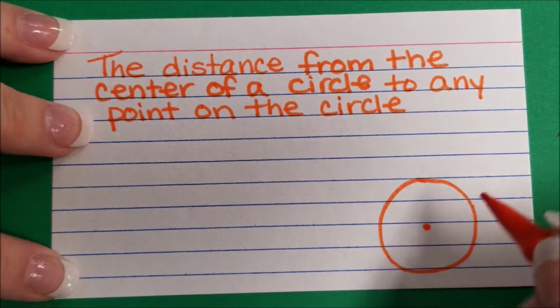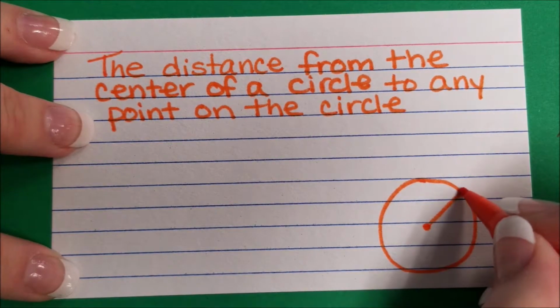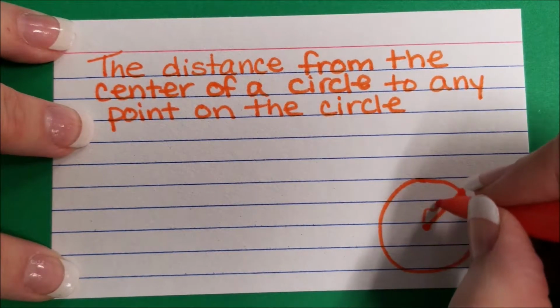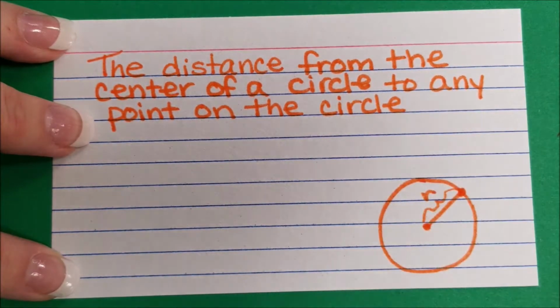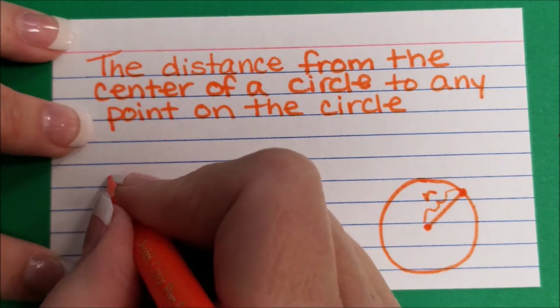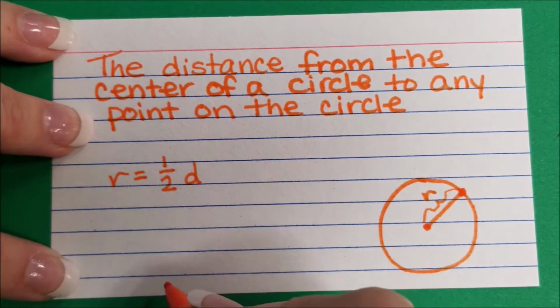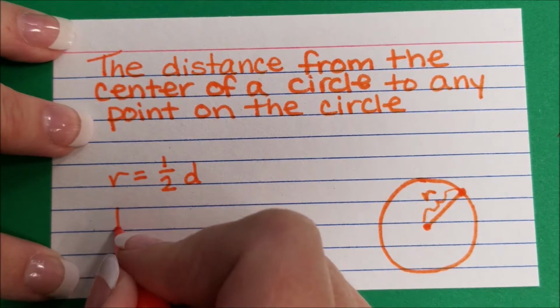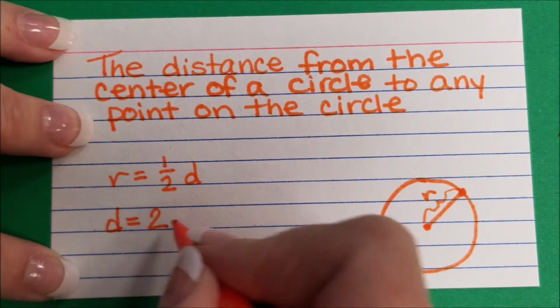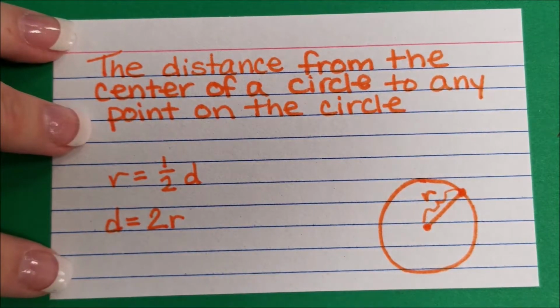So if I have a center here to a point on the circle, this length would be the radius. And the radius is equal to 1/2 of the diameter. Or you could say the diameter is twice the size of the radius.